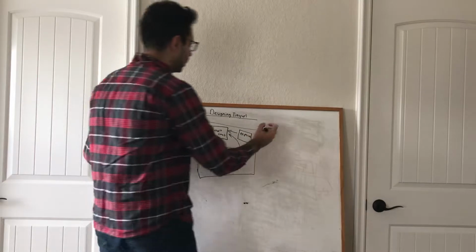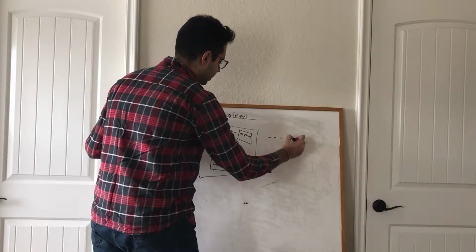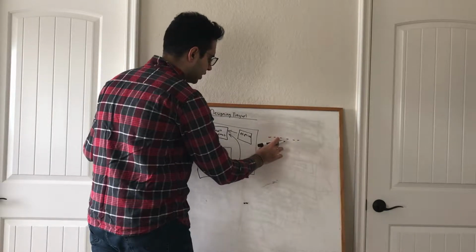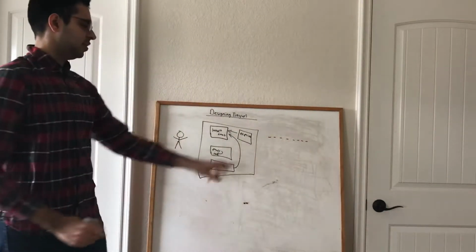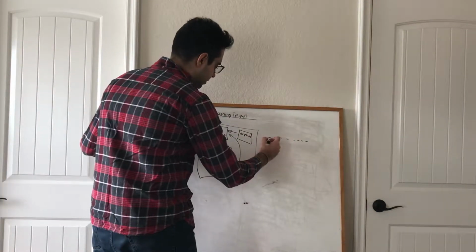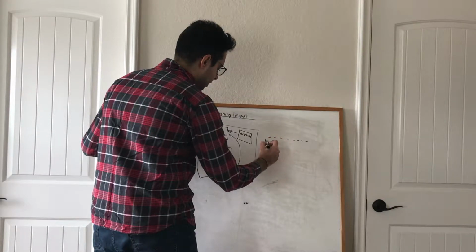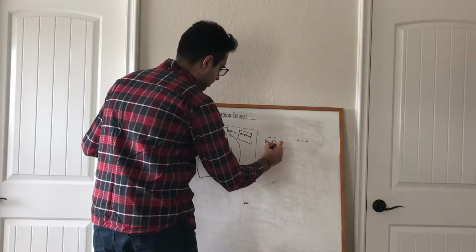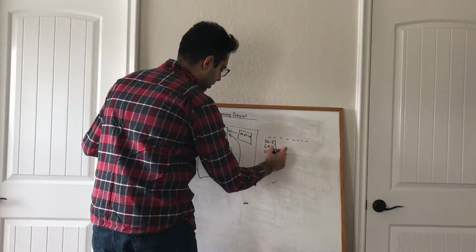So as an example, let's say we have an 8-character string. So we have 1, 2, 3, 4, 5, 6, 7, 8. And within each of these characters, we can allow characters like A to Z lowercase, A to Z uppercase, and let's allow digits as well.